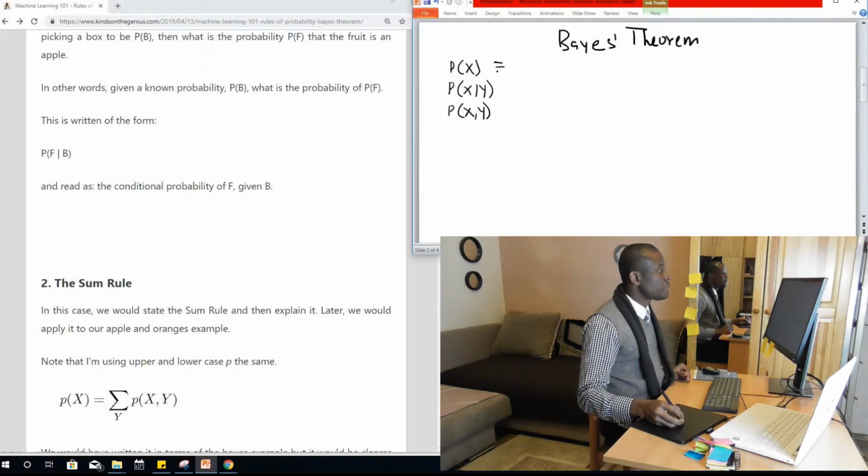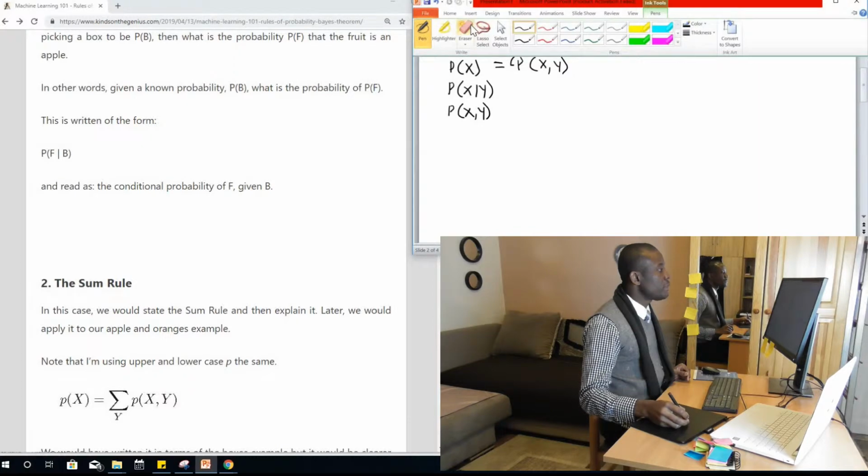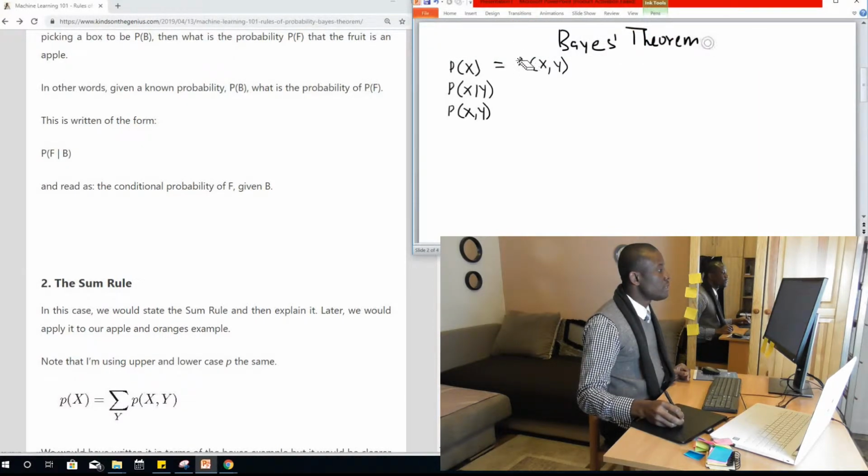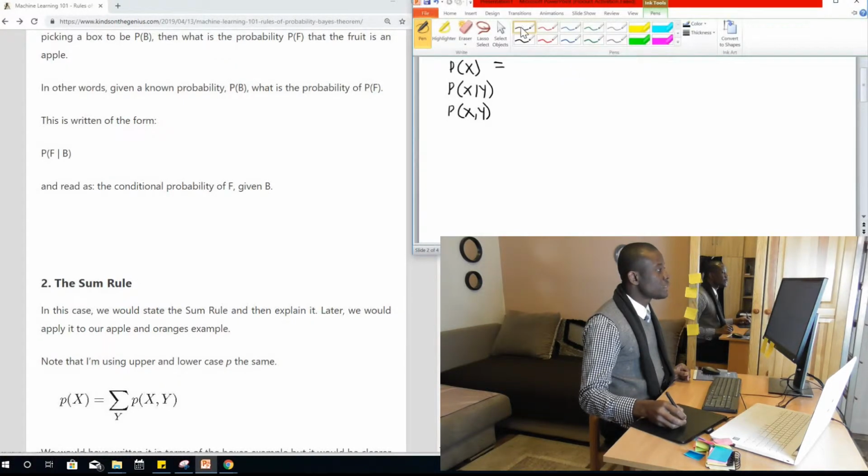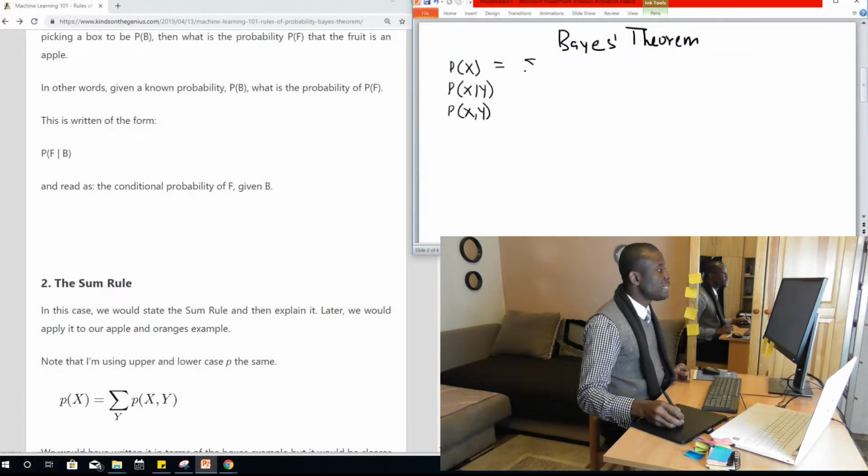The sum rule says that the marginal probability of X is the sum of all the joint probabilities of X and Y over Y.